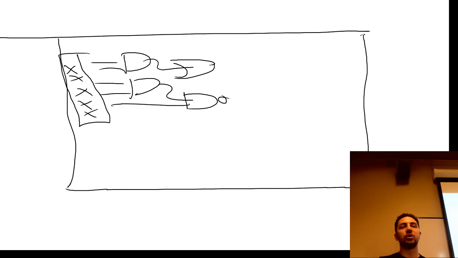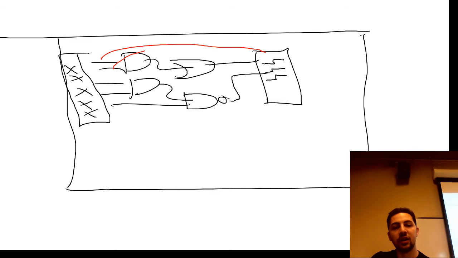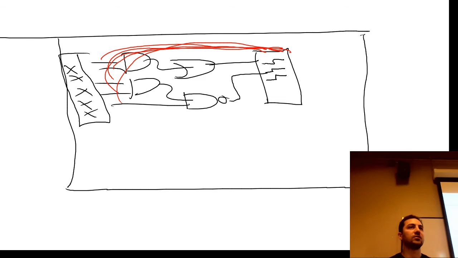If you have 5 inputs, it needs to count from 0 to 2 to the 5, minus 1. Over here, I need the logic analyzer tool. I need to look at all of the inputs, because without the inputs, the outputs are useless. You have to look at all of them.